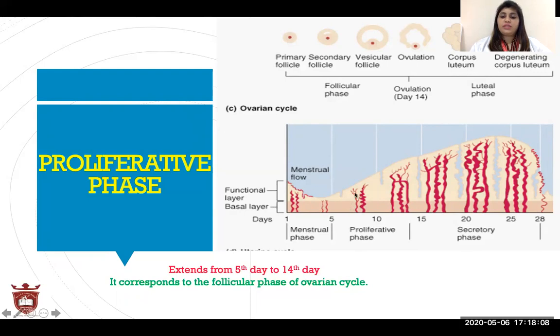This high estrogen level stimulates thickening of the endometrium, growth of the endometrial glands, and the appearance of tortuous arteries. Tortuous means spiral.